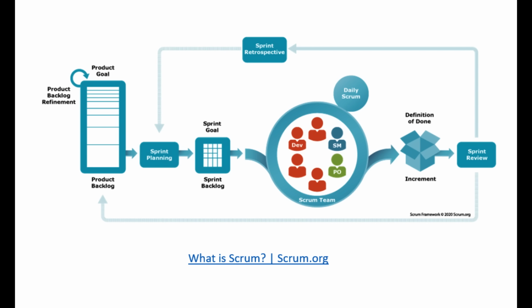Each team member talks about 3 things. What I did yesterday, what I will work on today, what are the roadblocks and impediments. After the stand-up, a team member called Scrum Master reaches out to relevant people to remove the impediments and unblock the team members.